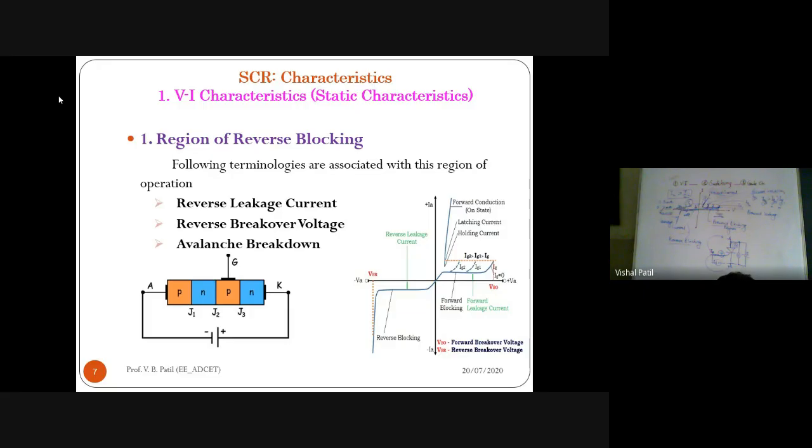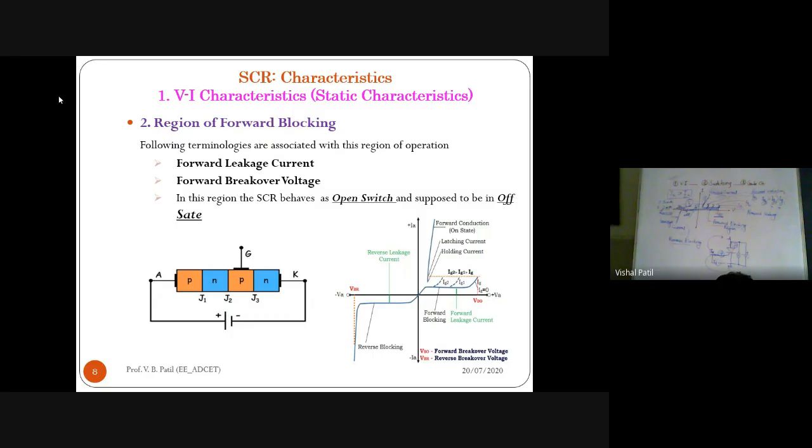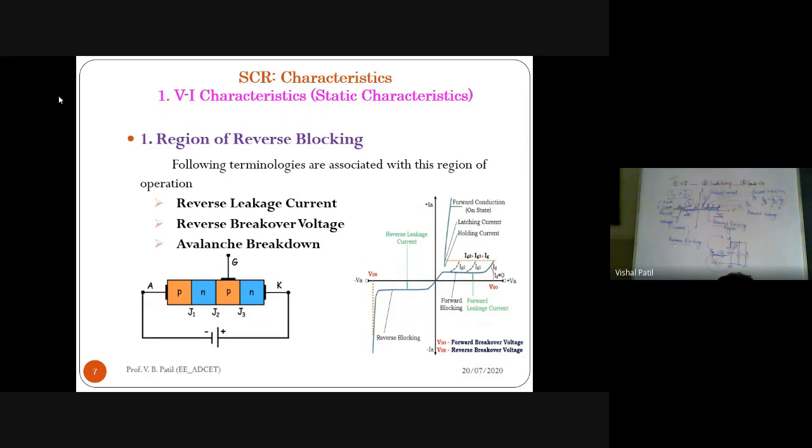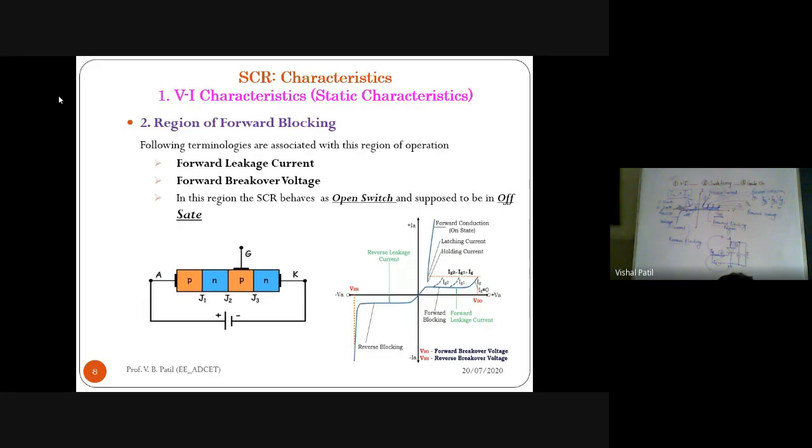So in that region we get reverse leakage current, reverse breakdown voltage, and avalanche breakdown. Look at how the device is operated: it is in reverse bias. Now, the region of forward blocking. In the reverse blocking and the forward blocking cases, the gate is not connected; only anode and cathode play their role.